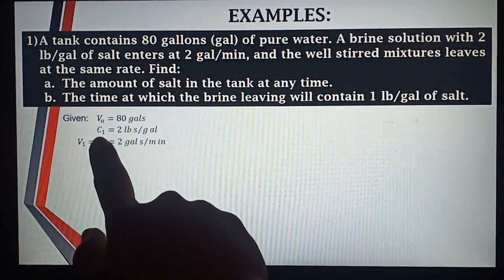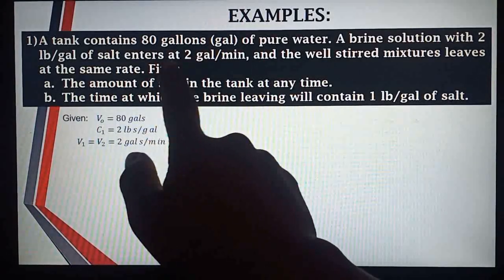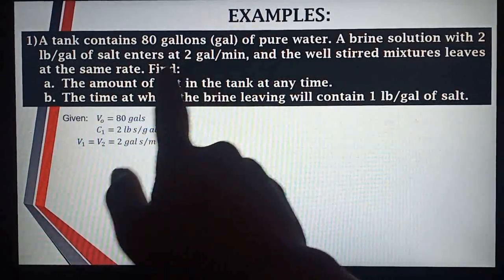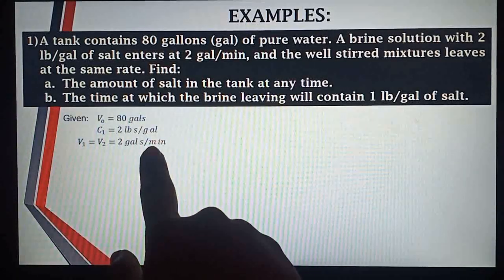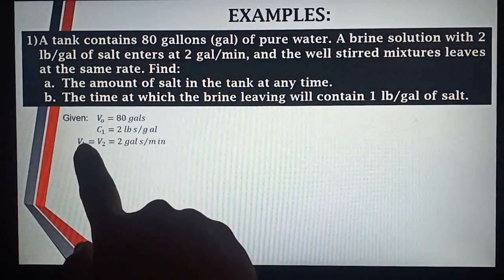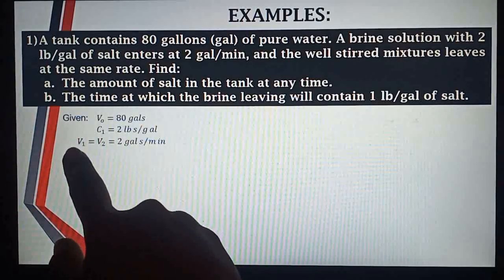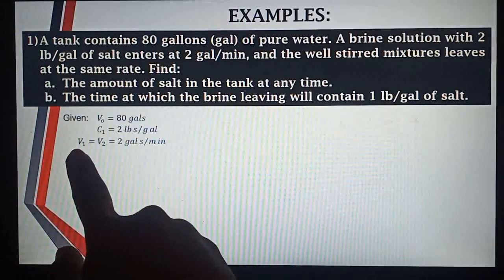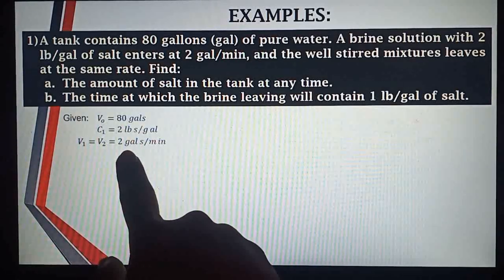That is your input. Then it enters at 2 gallons per minute, so that is your V1, 2 gallons per minute, a volume rate. Then it says it leaves at the same rate, which means your outgoing volume rate is equal to the incoming volume rate. So V1 equals V2, which is 2 gallons per minute.